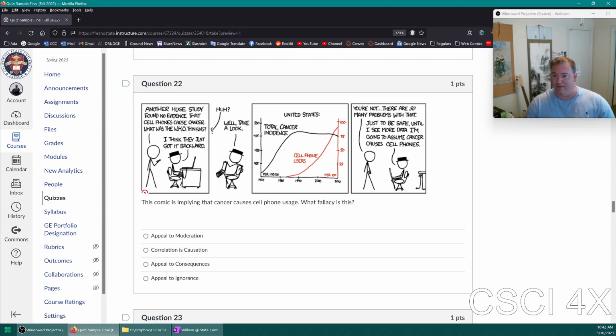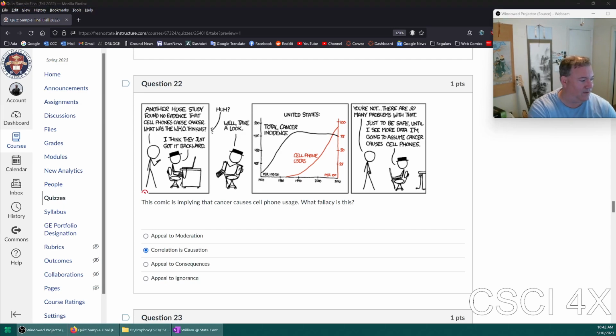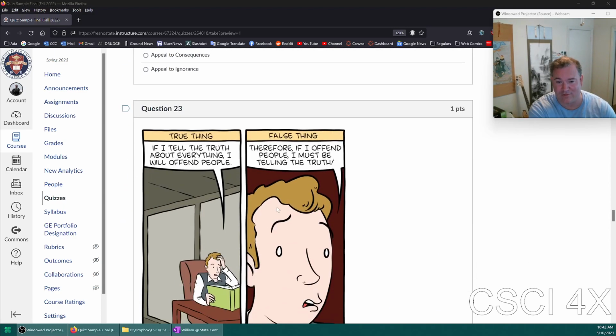So they're concluding that cancer causes cell phones. It's the only possible explanation for the data. Yes, very good. This is the correlation is causation fallacy. You'll hear people say correlation is not causation. That's true. Correlation is causation is fallacious.